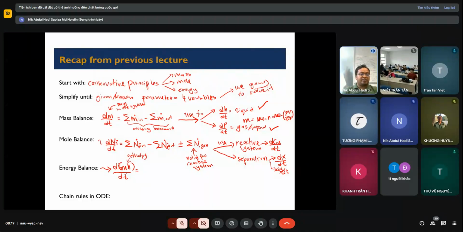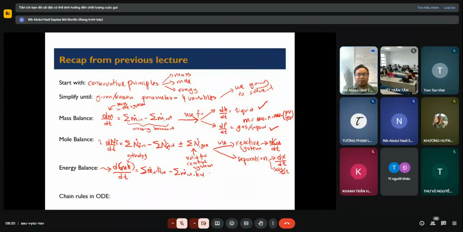So the change in energy inside our system is equal to the summation of mass flow rate in together with its enthalpy, minus the summation of mass flow rate going out together with its enthalpy.